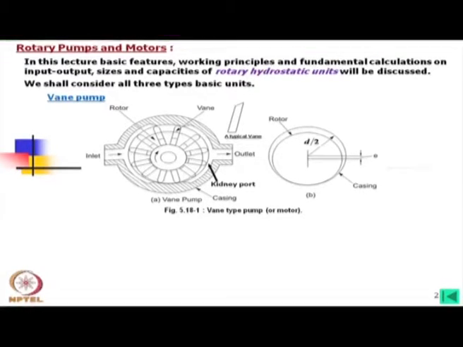In this figure, what we look at is that centrally on a rotating shaft, there is a cam. This is circular. This circular cam is like a barrel, a cylindrical body, on which there are radial slots of uniform thickness.